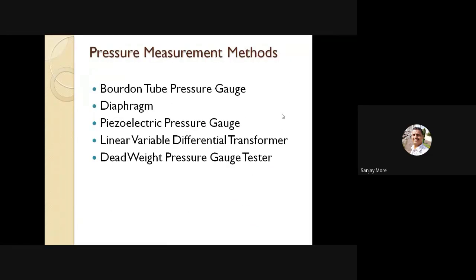Our next point is pressure measurement methods or pressure measurement devices. Give the heading pressure measurement devices or methods.